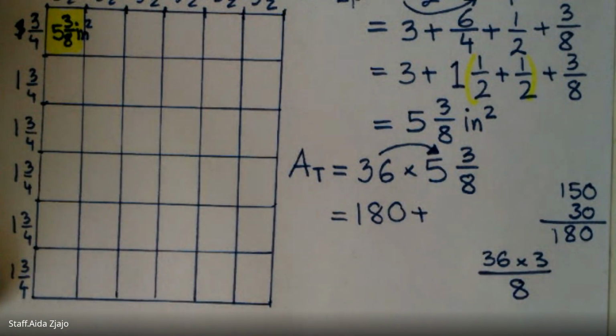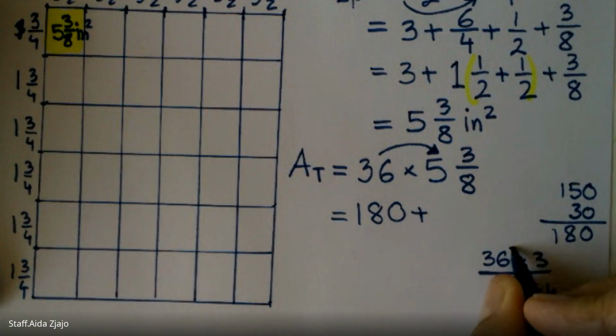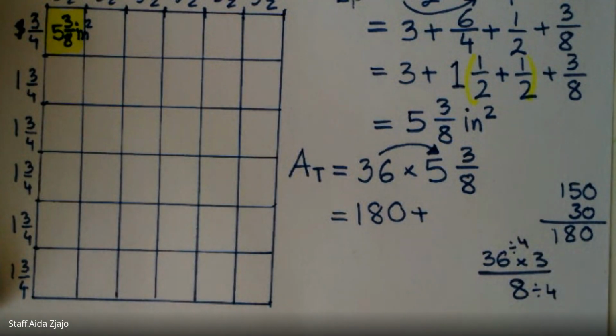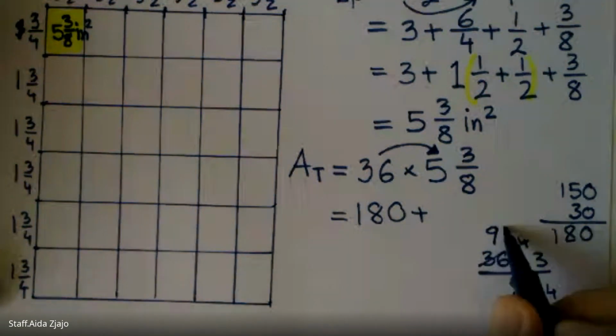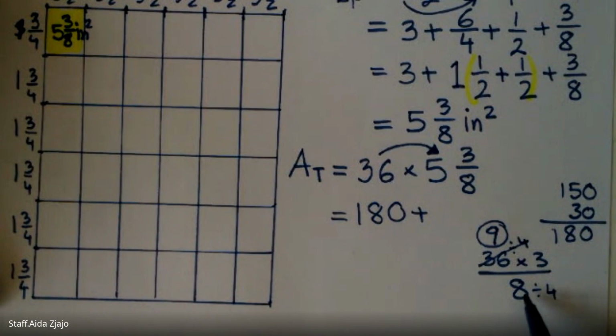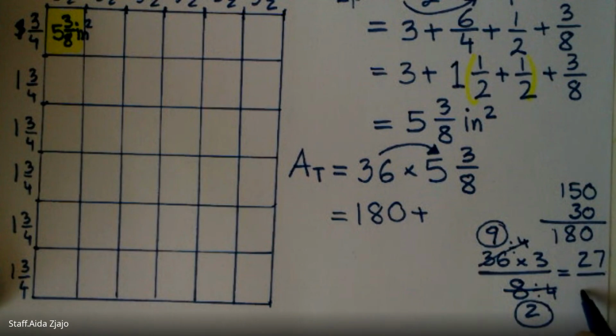I can divide by 4 if I want to. Let's see if I can simplify. 4 times 9 is 36, and 8 divided by 4 is 2. So I can simplify this into 9 times 3 divided by 2, which is 27 divided by 2.